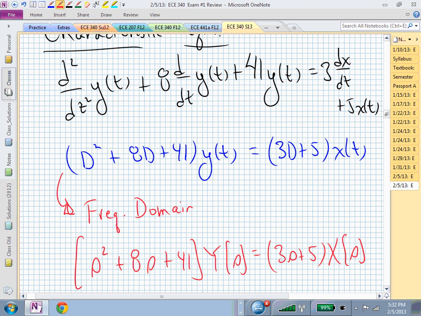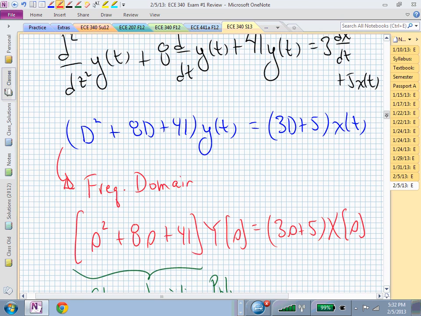Does that influence the structure of your zero input response or impulse response? No, it will change the coefficients of those terms, but the main structure of your response is not impacted by that.